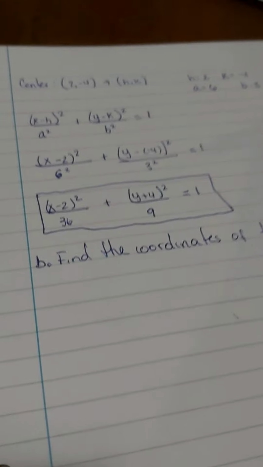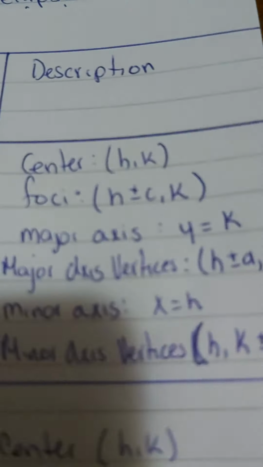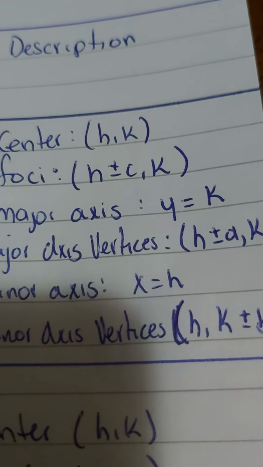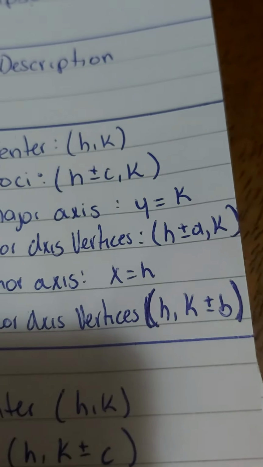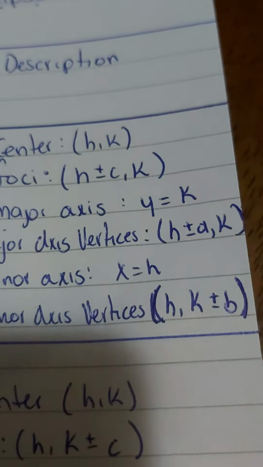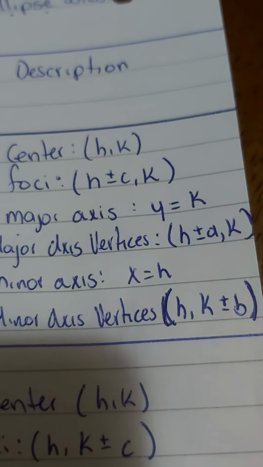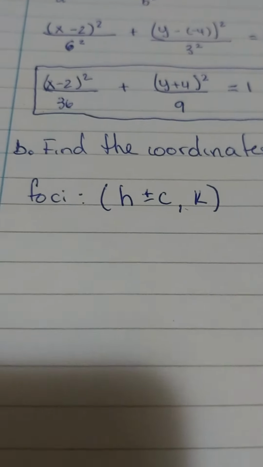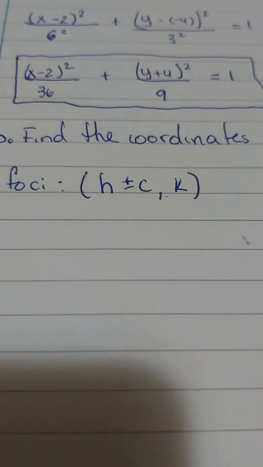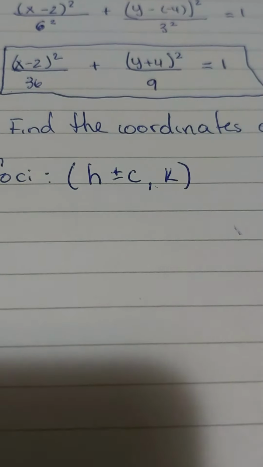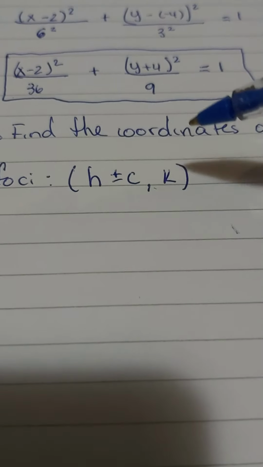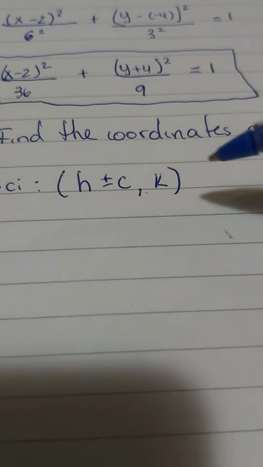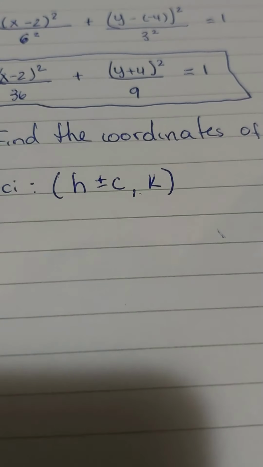So if we look at our table, the foci are located at (h plus or minus c, k). We already know the value of h and the value of k. What we're looking for is the value of c.